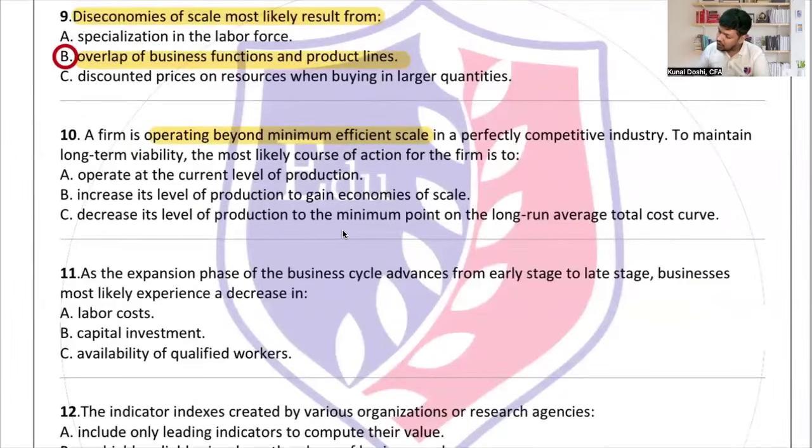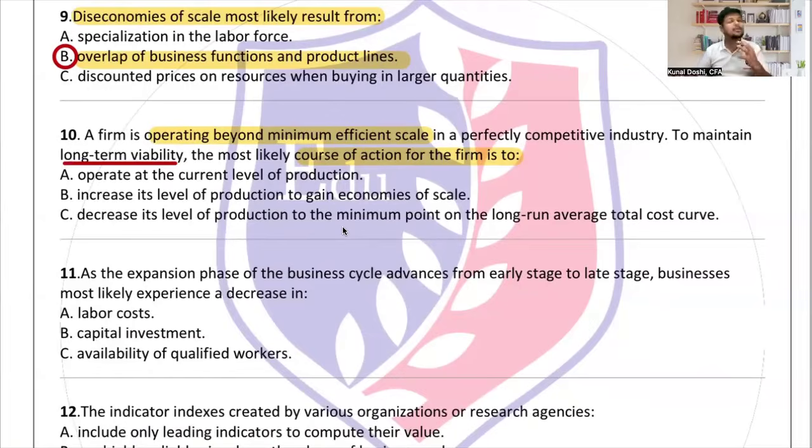So, in a perfectly competitive industry, to maintain long-term viability, the most likely course of action for the firm is to, see, guys, if the firm is operating beyond the minimum efficient scale, it's producing much higher, so the cost per unit is actually going up, diseconomies of scale. So they are saying to maintain long-term viability. Can a firm make long-term economic losses? Can a firm survive with diseconomies of scale? No, it cannot.